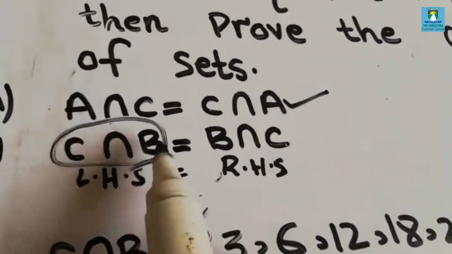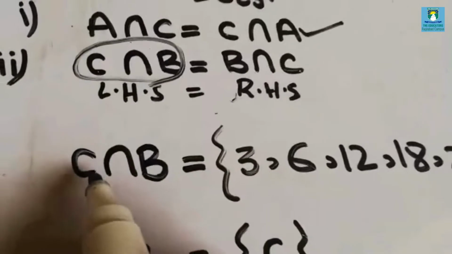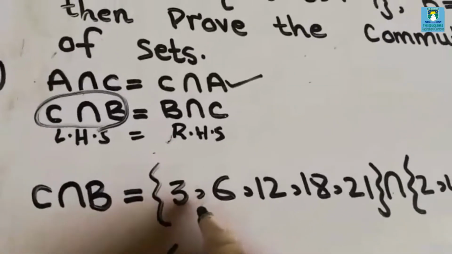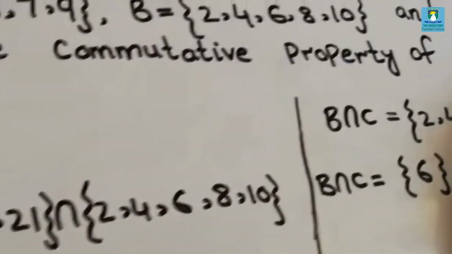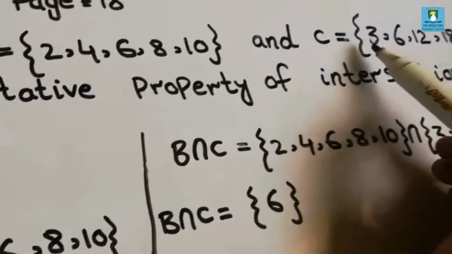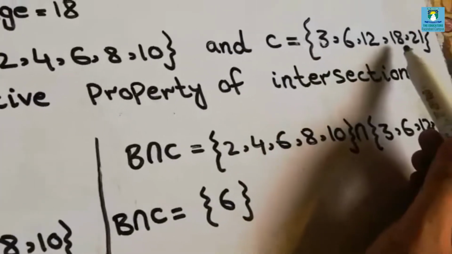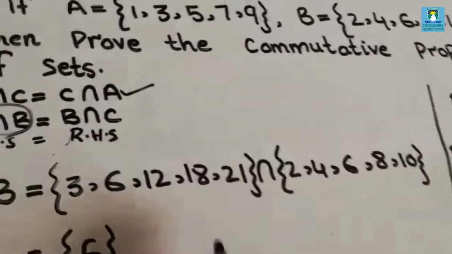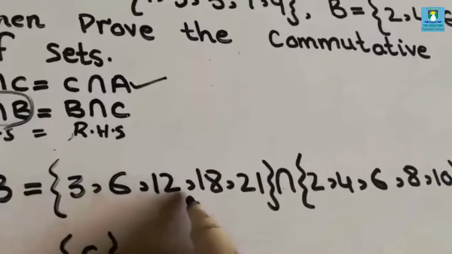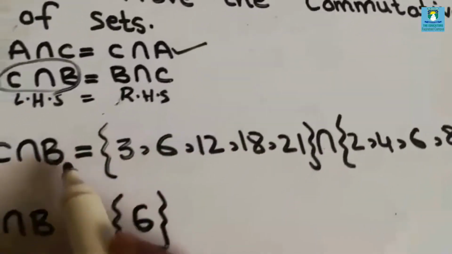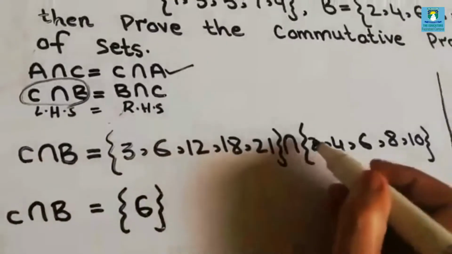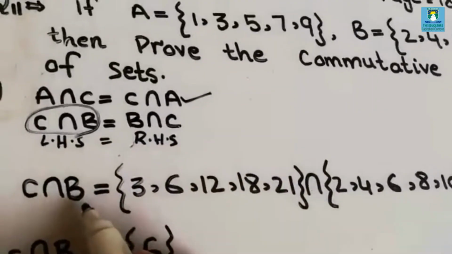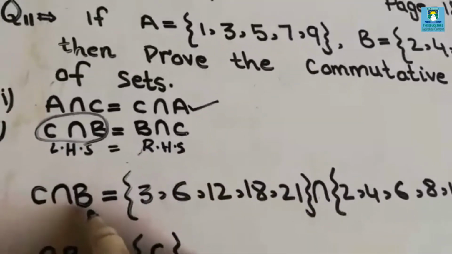C intersection B. So we will write here C intersection B is equal to, what are the elements of set C? They are 3, 6, 12, 18 and 21. Then sign of intersection. So we will put here sign of intersection. Now what are the elements of set B?